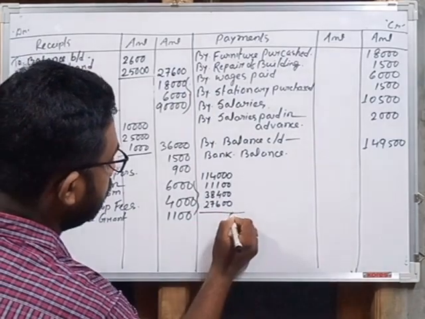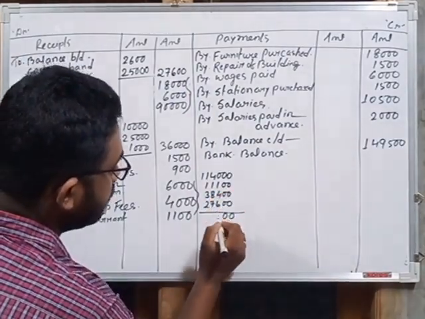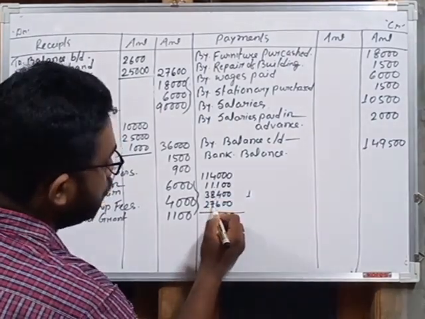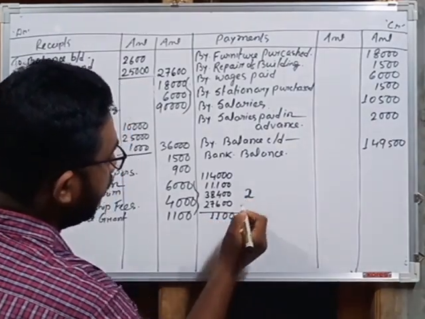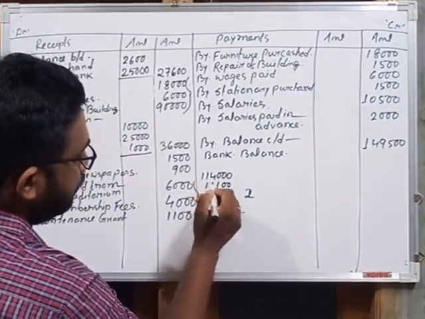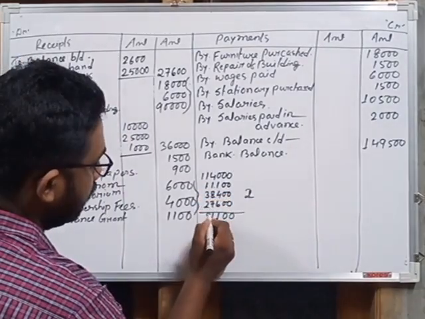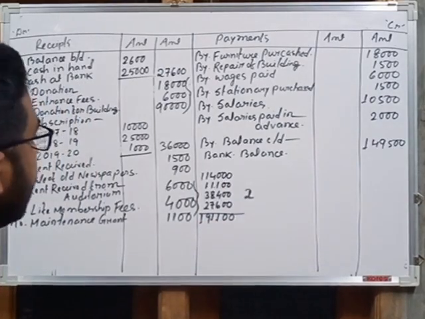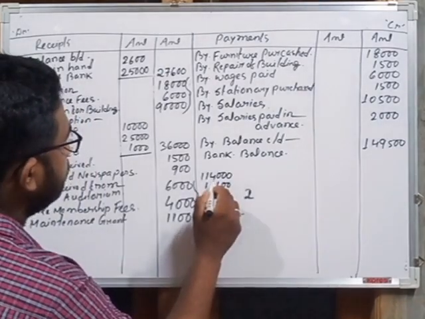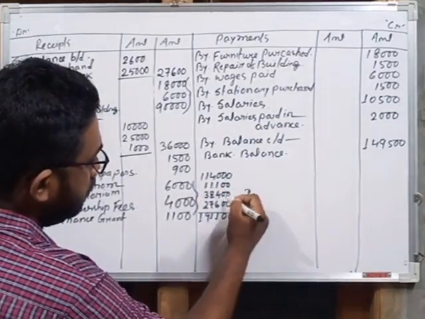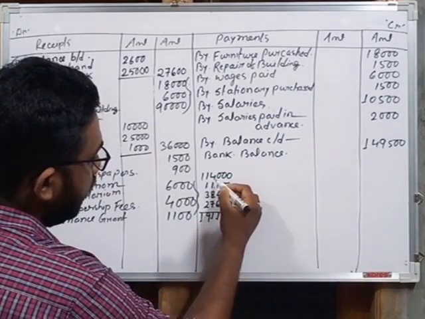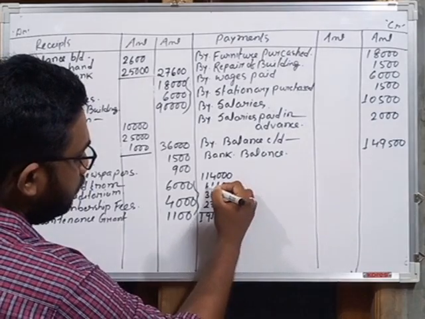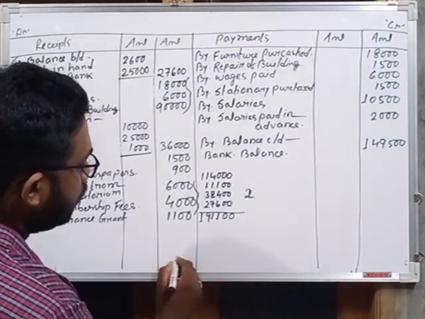Now adding the rest, the receipt side comes to 1,91,100. Okay, so let's take again 1,14,000, 11,100, 38,400, 27,600, and cash in hand, the total is 1,91,100.